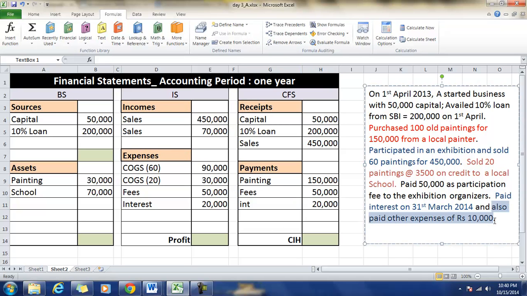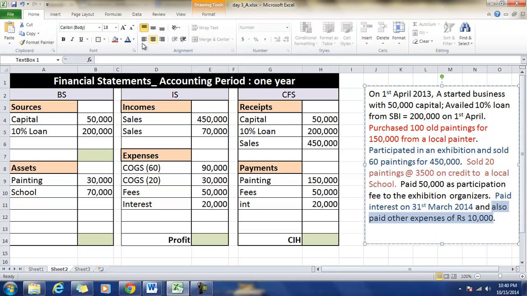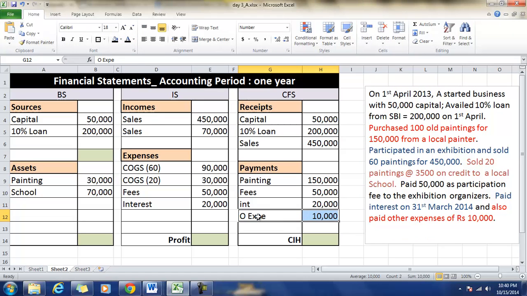And also there are other expenses we paid during this period, equal to 10,000. So there is an outflow of cash, other expenses 10,000, and other expenses will be shown on the income statement as an expense. So all the transactions have been entered.